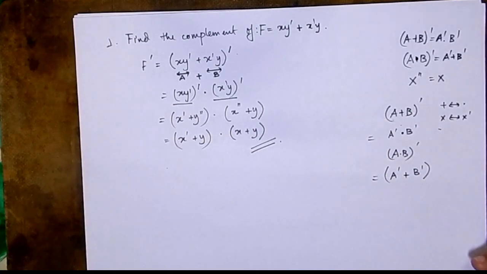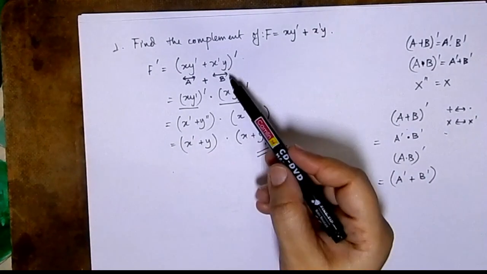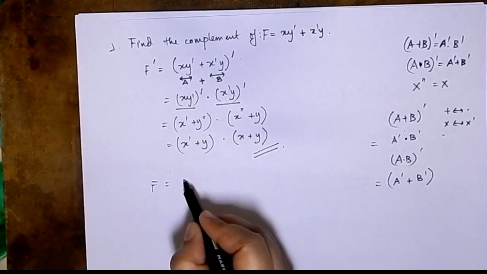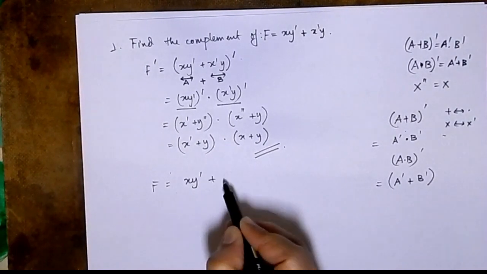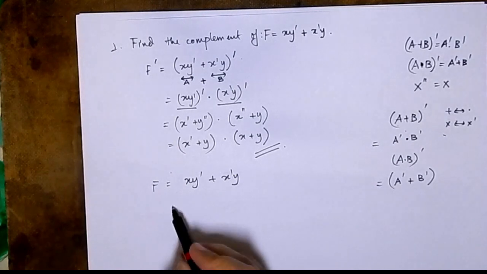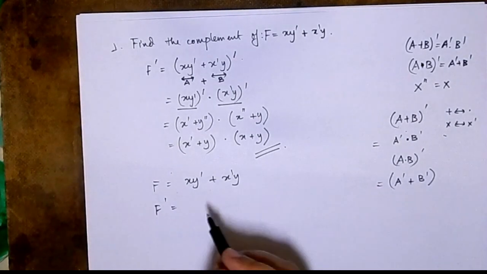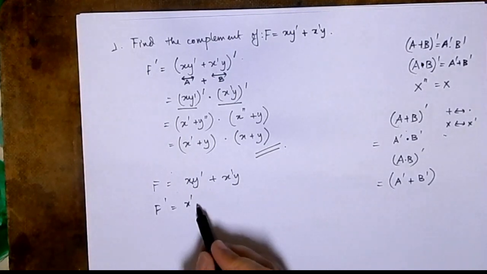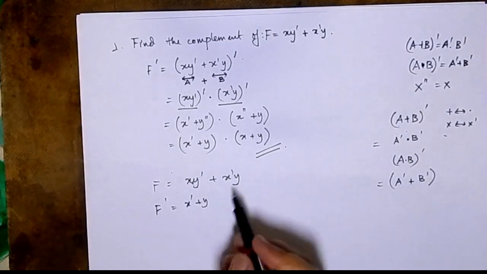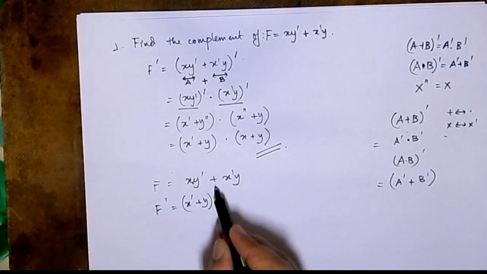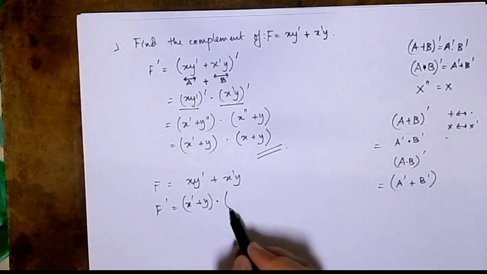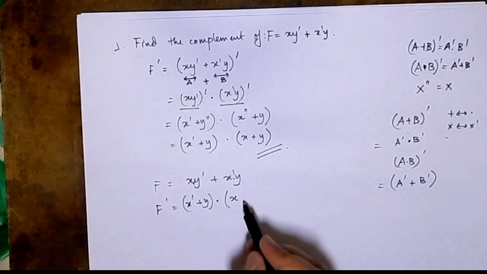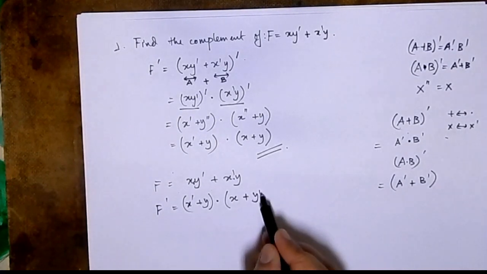See here also, the original expression f was x y dashed plus x dashed y, and the complement that we have found is x dashed plus y, dot x plus y. This plus has become dot, x dashed has become x, dot has become plus and y dashed has become y.